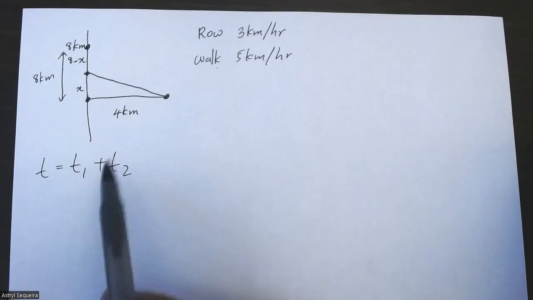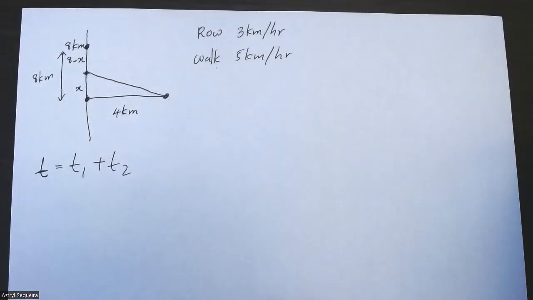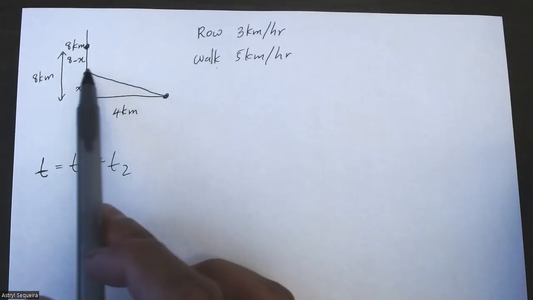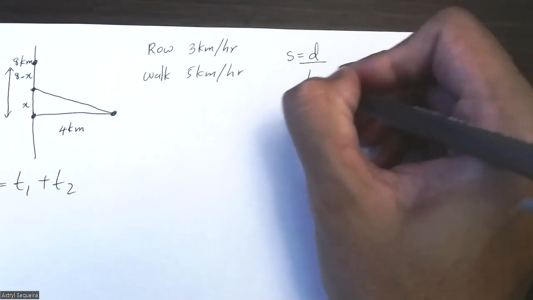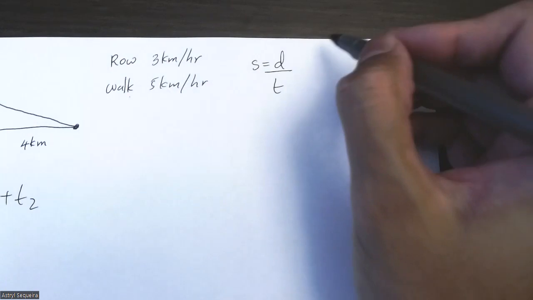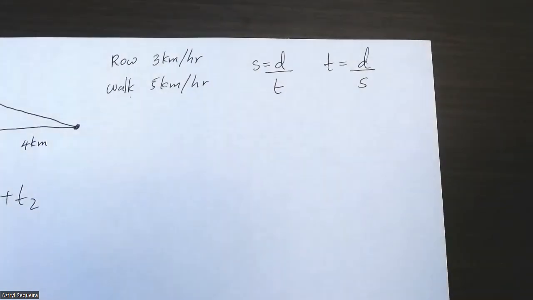Once I get an equation for this, I want to derive it because I want to minimize the amount of time. That's the goal for this problem. In order to find time, I know that speed is distance divided by time. So if I rearrange this for time, time is distance divided by speed.